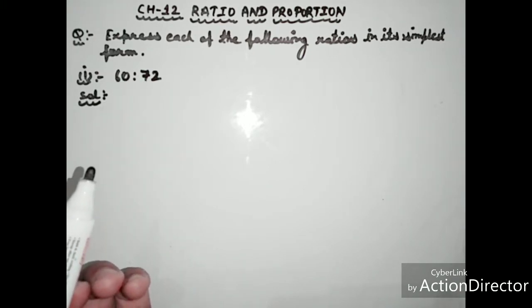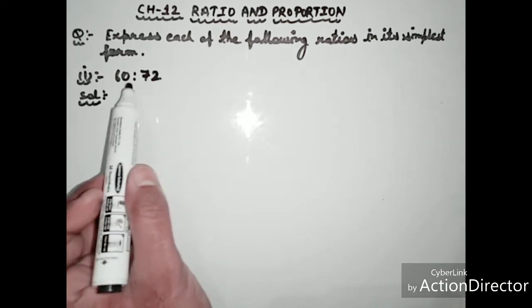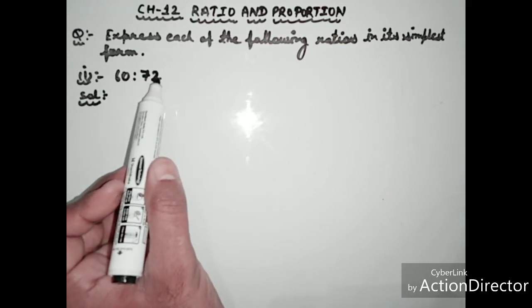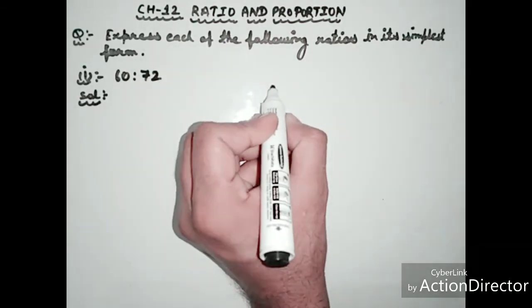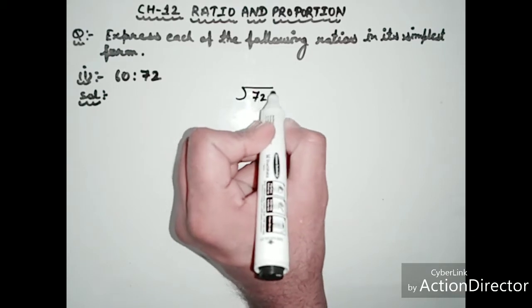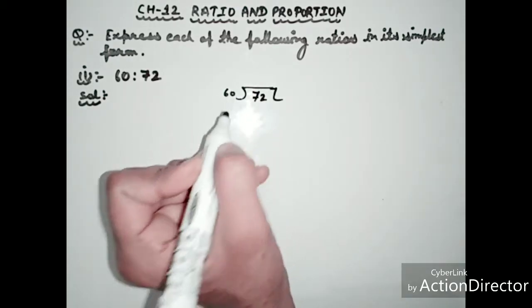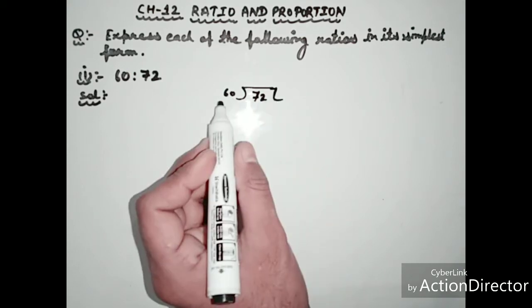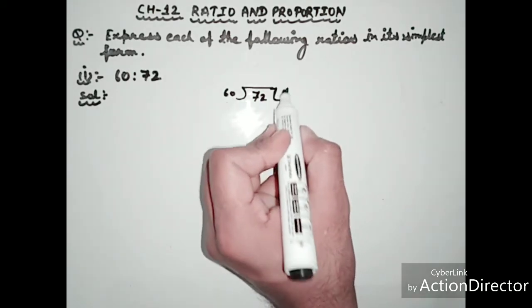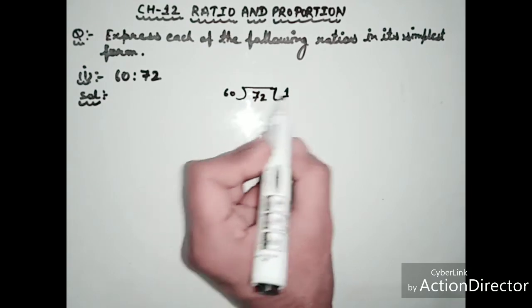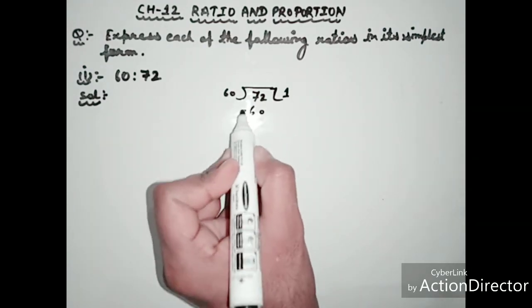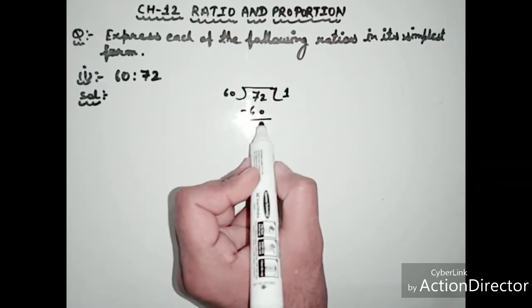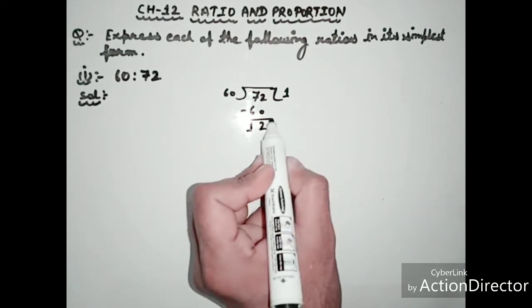60:72. Now here first we find the HCF of 60 and 72. So here we divide 72 by 60. 60 ones are 60, one time, and here we get 12.